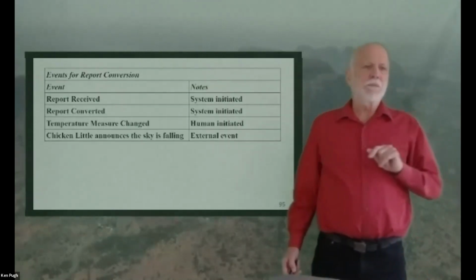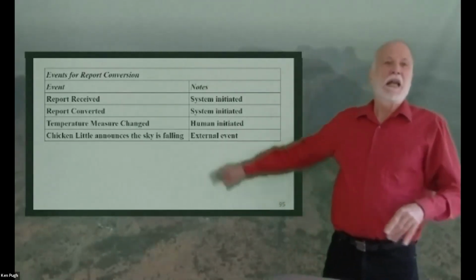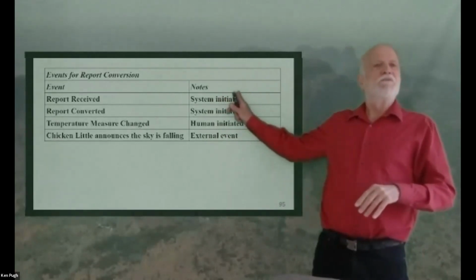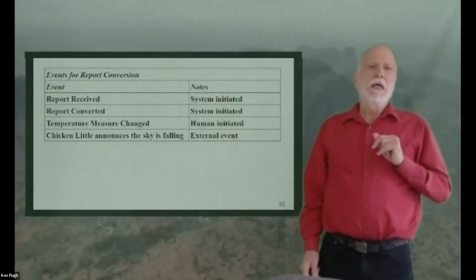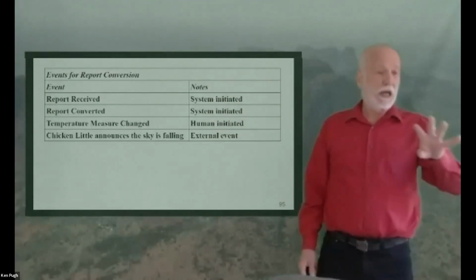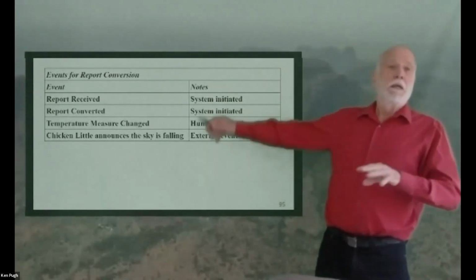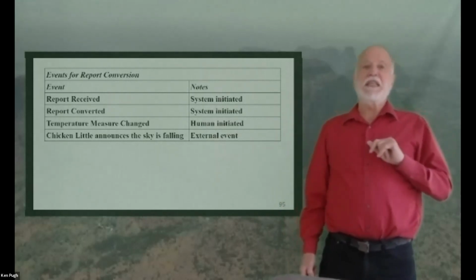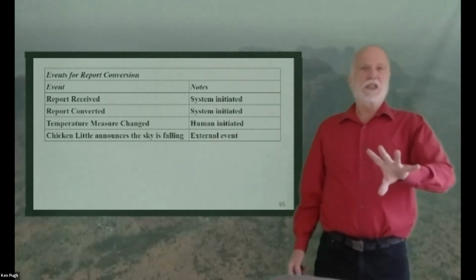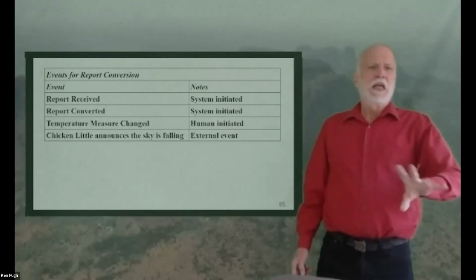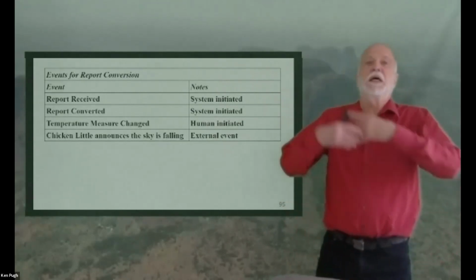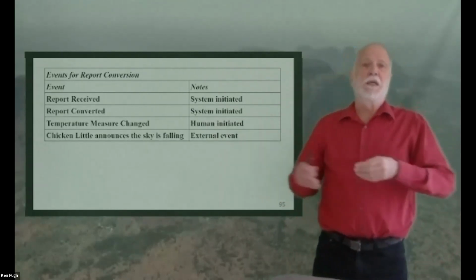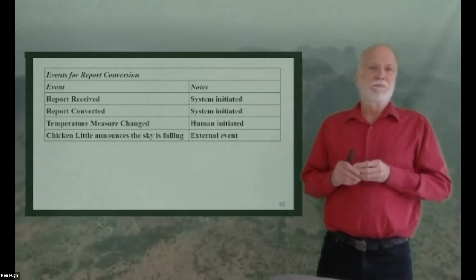So here is an event for our report conversion. There's not much to it, but we have a report. The report is received. The system initiated that. The report is converted. The system says, I've finished my processing. We're done.